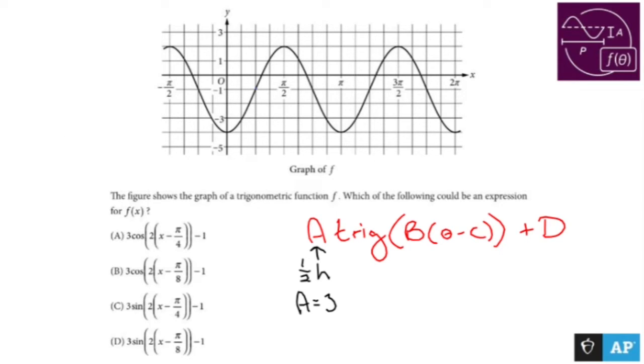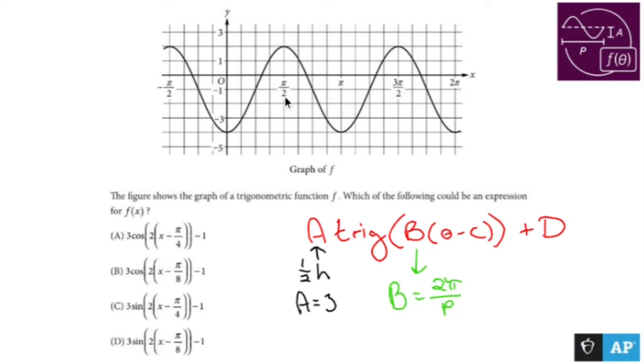All right, now let's see what B is. Always the trickiest part. B, for something that's sinusoidal like this and dealing with radians, is always going to be 2 pi divided by your period.